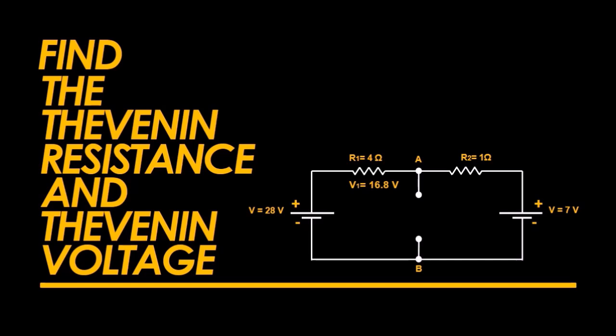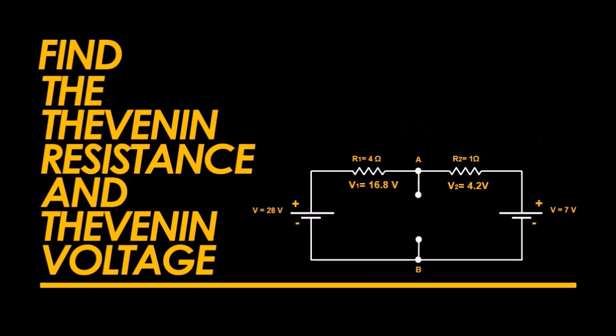The voltage produced now by the 28-volt voltage source on the 1 ohm resistor is 5.6 volts, and the voltage produced by the 7-volt battery on the 1 ohm resistor is 1.4 volts. Therefore, the voltage across V sub 2 is 5.6 volts minus 1.4 volts.